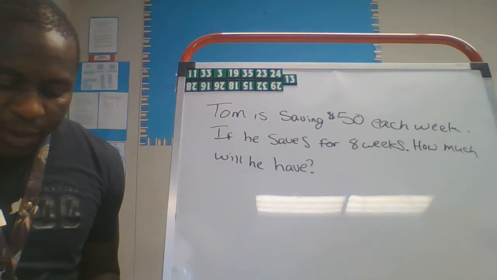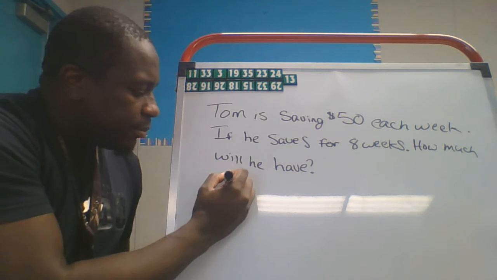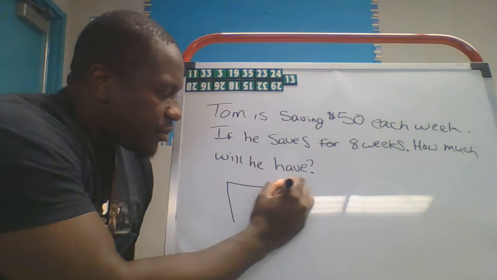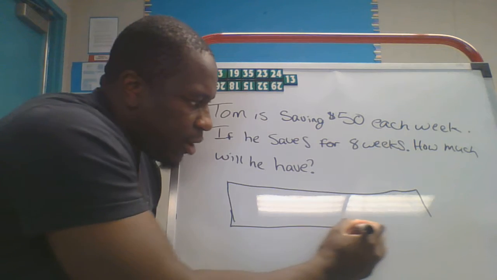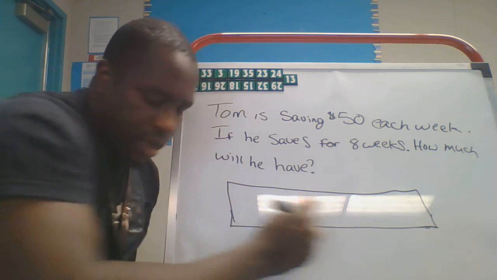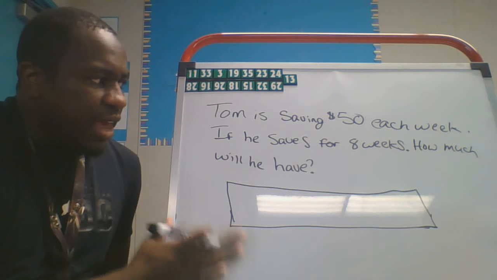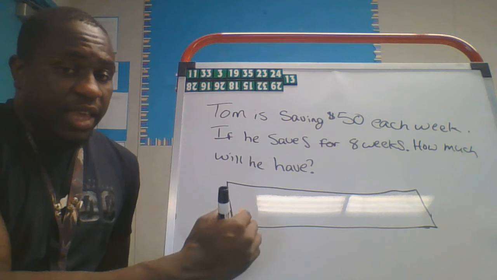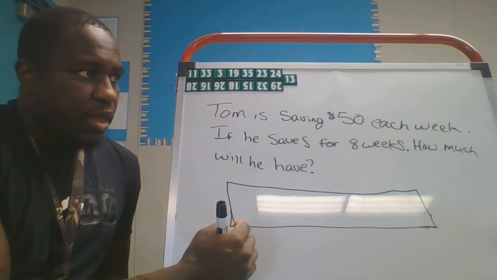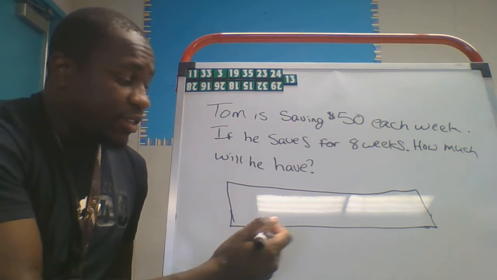Another way that we can do it is by using a bar diagram. Okay, so you're going to make one bar, right? Because your total is going to be what you get out of this bar, right? And so let's find a way to label this bar. So he's saving money every week, right? So we can section this off based on the amount of weeks he's saving.